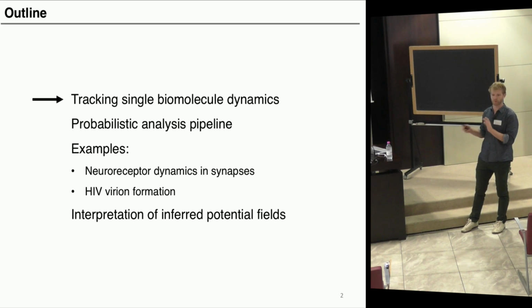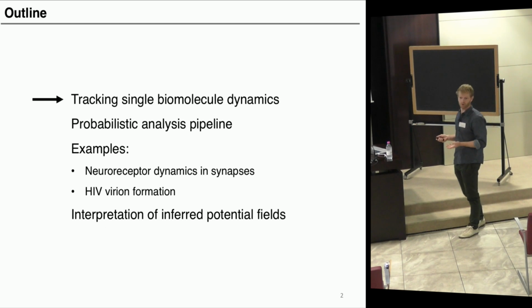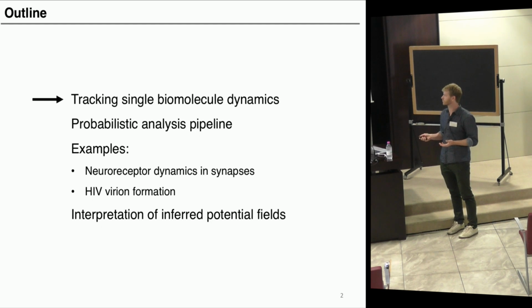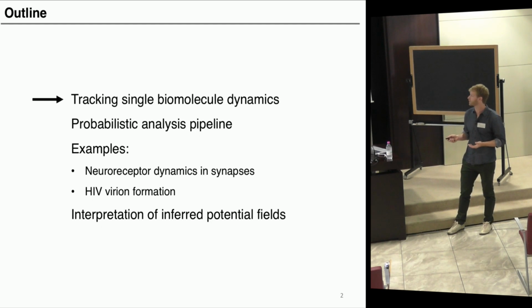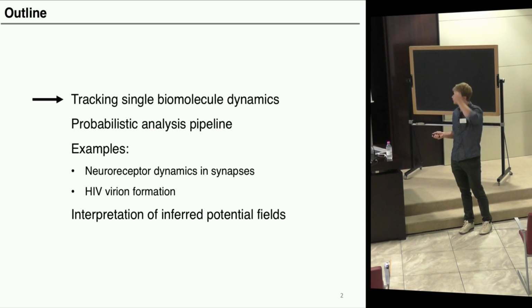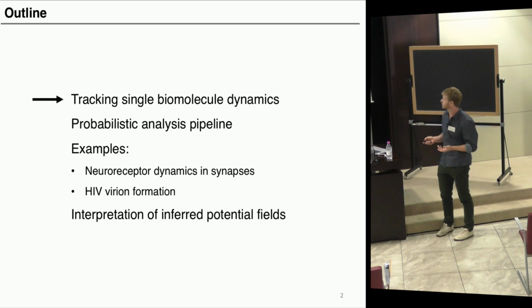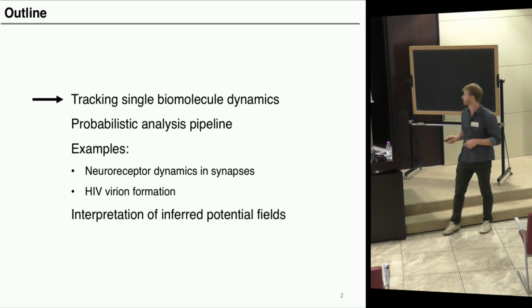The idea is to have a fully probabilistic pipeline to make inferences robust and hopefully at some point automated. I'm going to show some examples of applications of this. And finally, I'm going to talk about a fun question that appears at the end: how to interpret the potential fields that we get out. This is linked to the Itô-Stratonovich dilemma. For those of you who are statistical physicists, this may mean something.